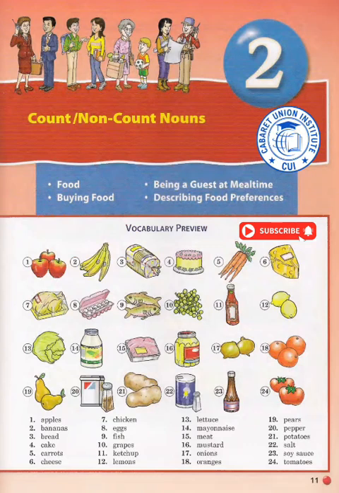Onions. 18. Oranges. 19. Pears. 20. Pepper. 21. Potatoes. 22. Salt. 23. Soy sauce. 24. Tomatoes.